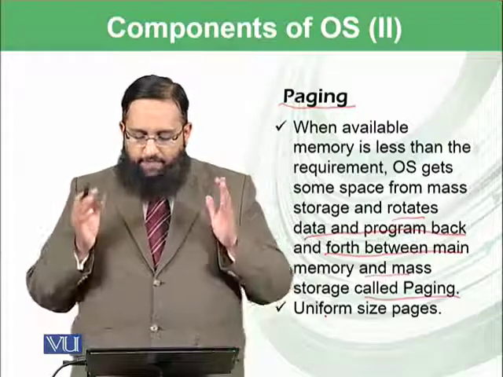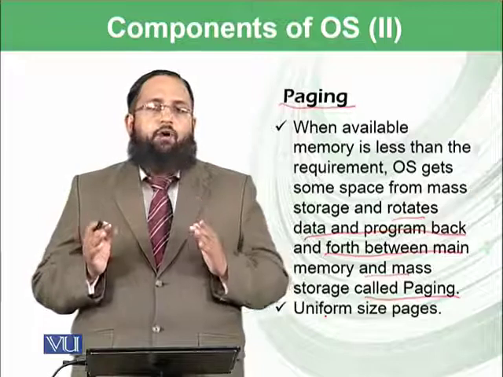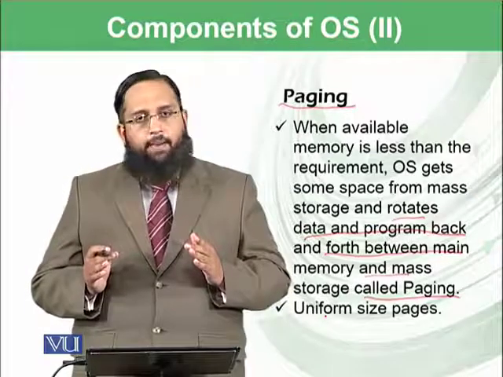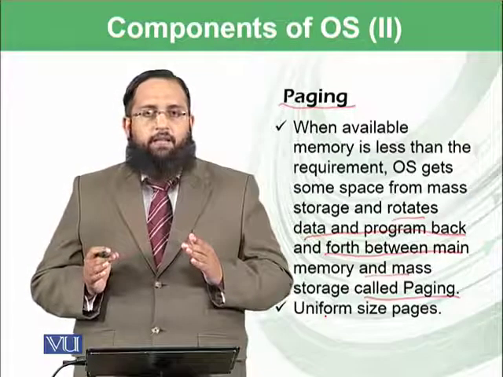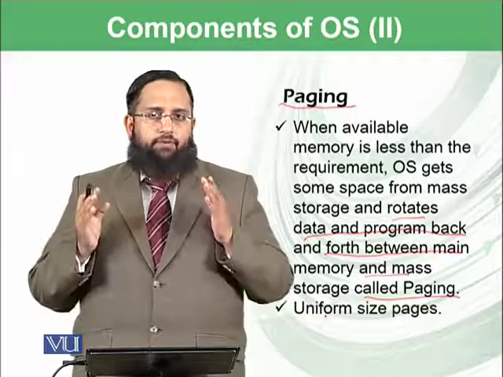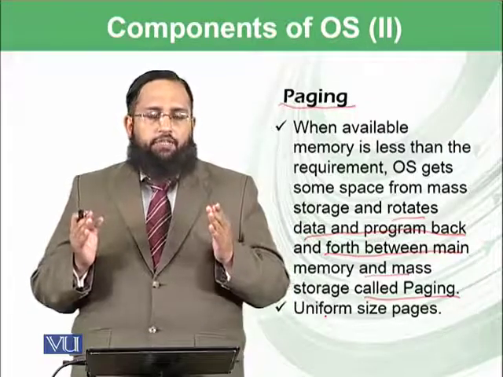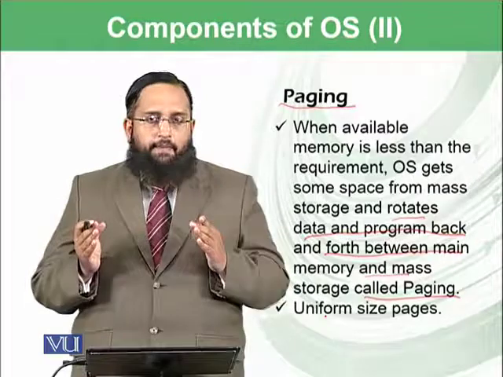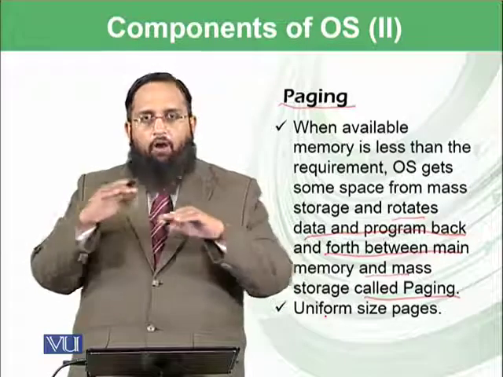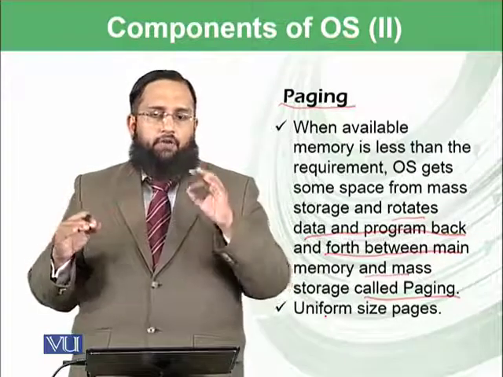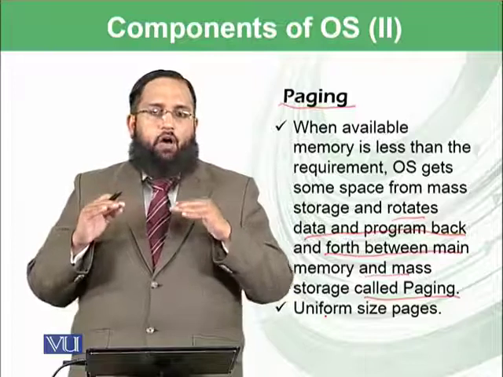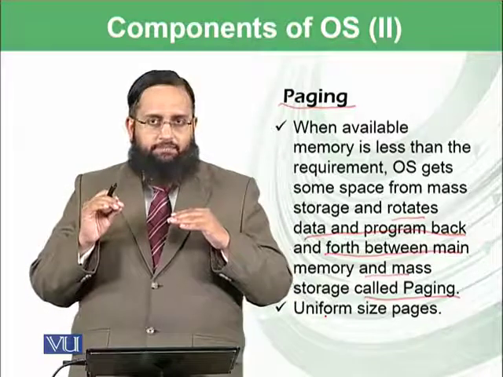In paging, we have uniform size of memory. This means that if there are different applications running on the main memory, we divide all of the applications into small sizes which are called pages.